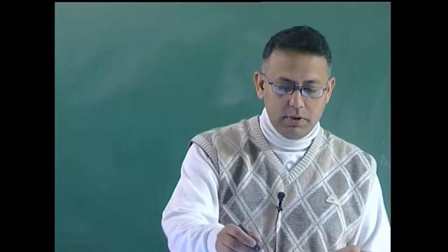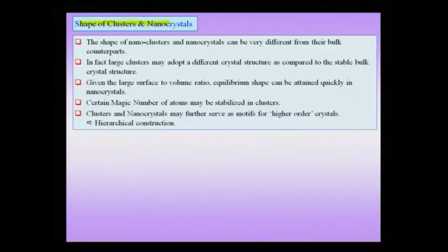So, let us summarize some of the aspects we have seen with respect to clusters and nanocrystals. The shape of nanoclusters and also nanocrystals can be very different from their bulk counterparts.